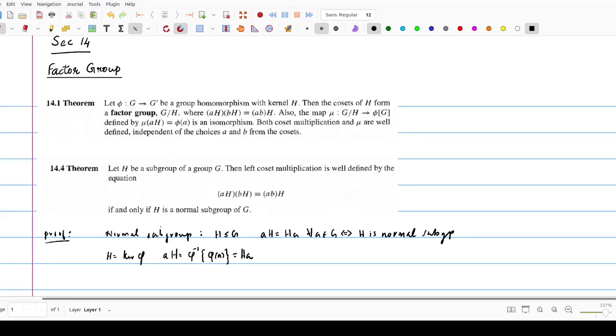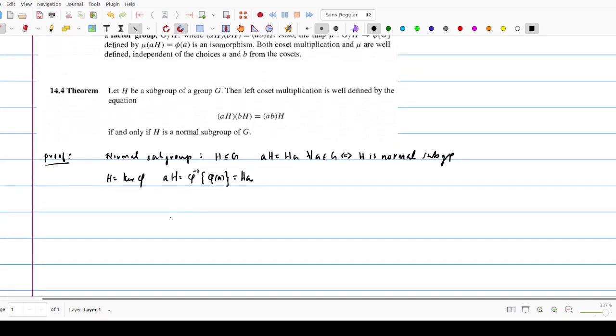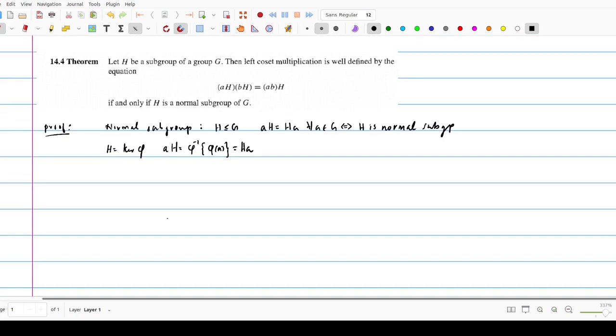So first we prove theorem 14.4, which is the characterization of the normal subgroup: H is a normal subgroup if and only if aH bH is equal to abH. We start with the first assumption. Suppose that H is a normal subgroup.